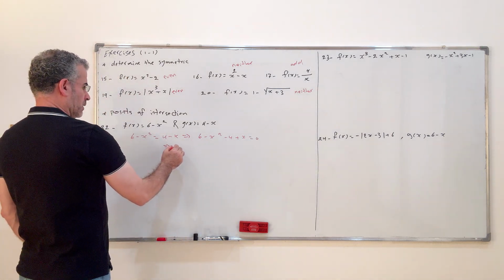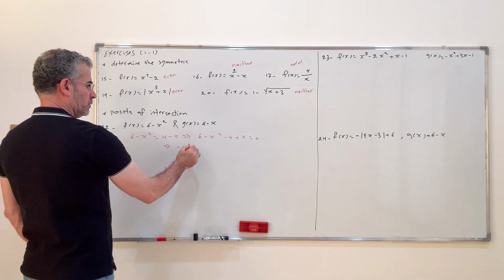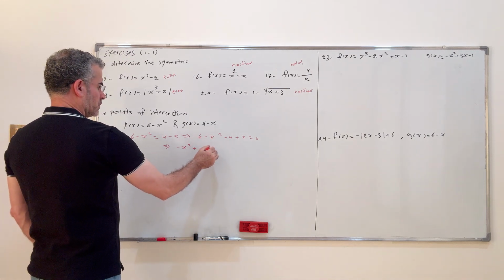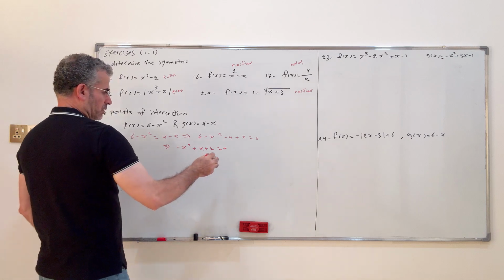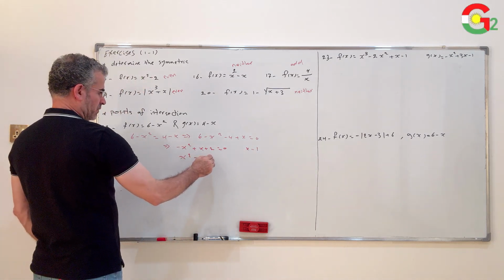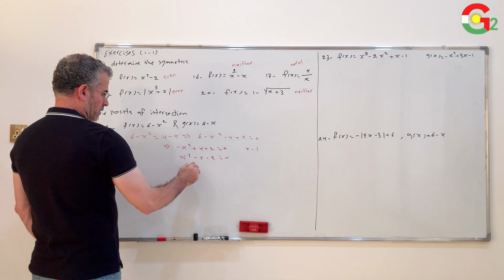Then minus x power 2 plus x, 6 minus 4 plus 2 equals 0, times negative 1, x power 2 minus x minus 2 equals 0.